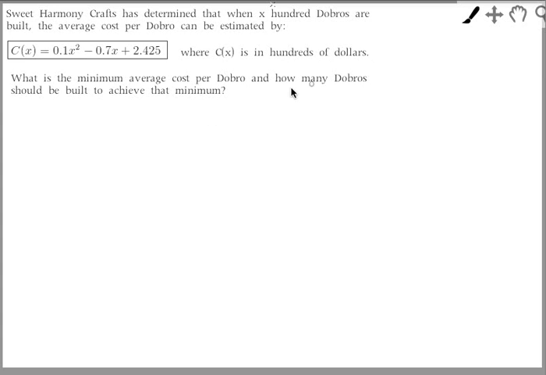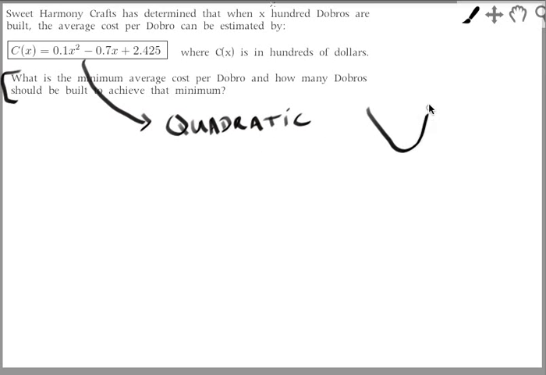Let's get on to that and read it. It says, what is the minimum average cost per Dobro, and how many Dobros should be built to achieve that minimum? So what we're talking about is a quadratic here, and this deep into chapter 8, I know that you know that all quadratics graph as a parabola.